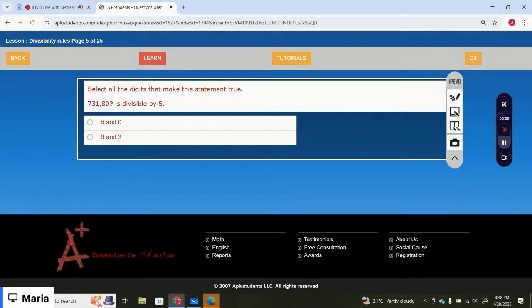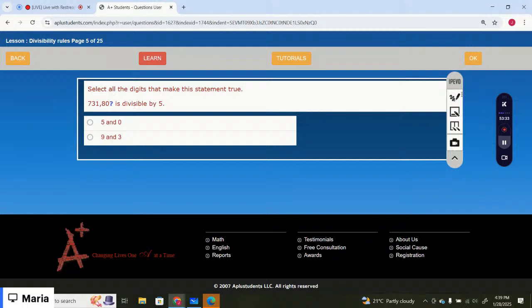Select all the digits that make the statement true. The number is divisible by 5.